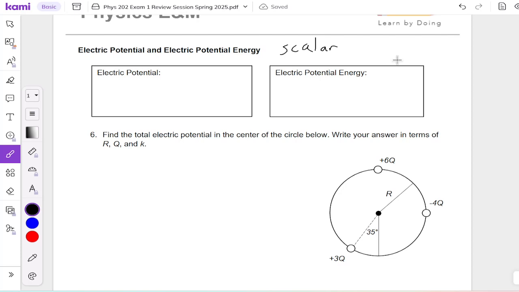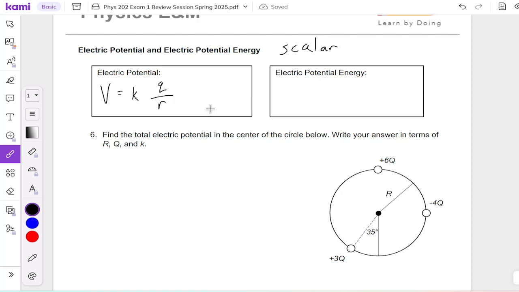What's ironic about this is that these guys are not absolute value. Equation for electric potential is V equals k Q over R, not squared. And not absolute value, meaning we can finally have a negative voltage or electric potential.